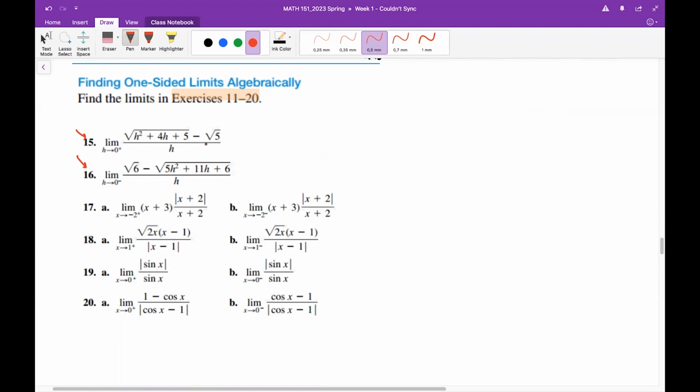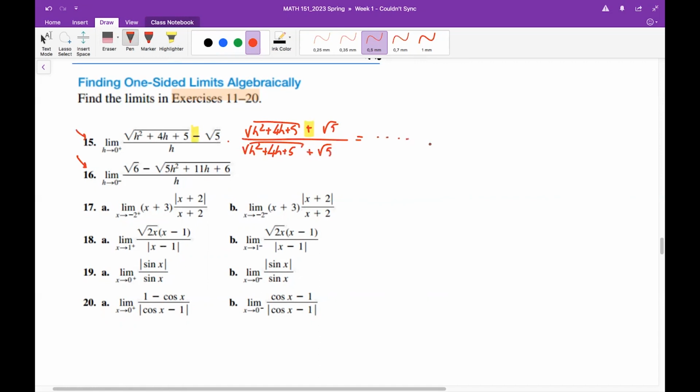Multiply by conjugate. Exactly. You see, you have these square root functions. This is a very strong indication that you will divide and multiply by the conjugate of this expression. So I write the same expression, I will just change the sign. This is the conjugate of it. You will multiply, also you will divide by it, not to change the question.